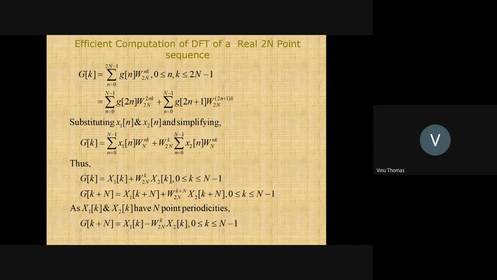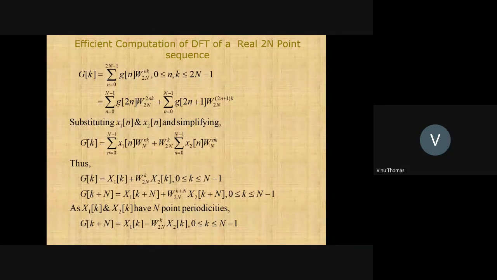So the higher samples g of k plus n can be found by substituting x1 of k plus n plus W2n raised to k plus n x2 of k plus n. Now you see that x1k has an n point periodicity, so x1k plus n is equal to x1k and x2k plus n is equal to x2k.